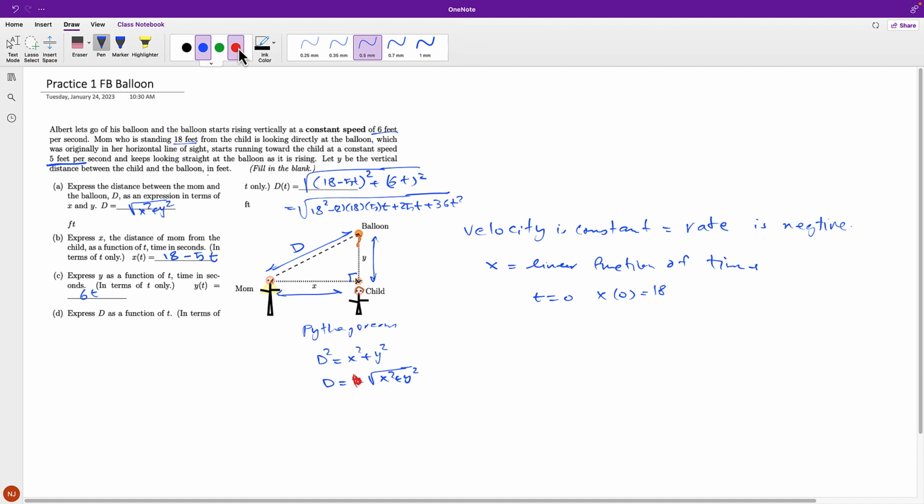But it's not necessary to do this. So the actual answer should be just what is right there in this spot.